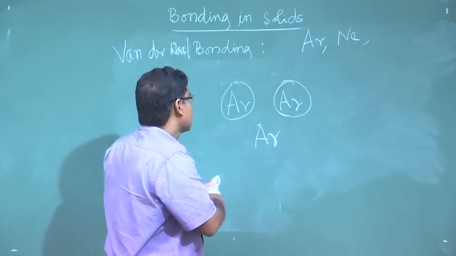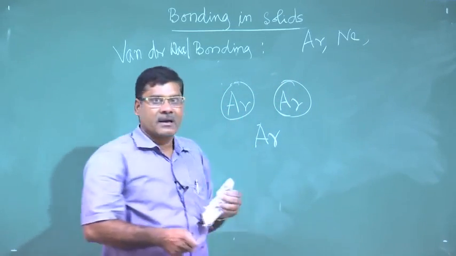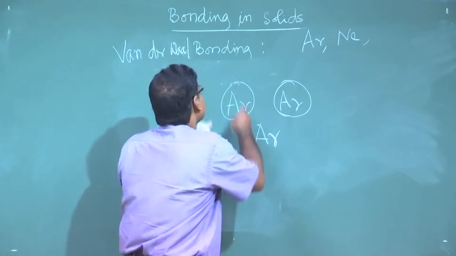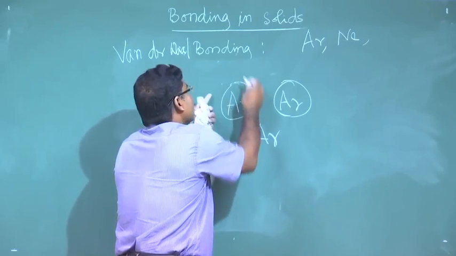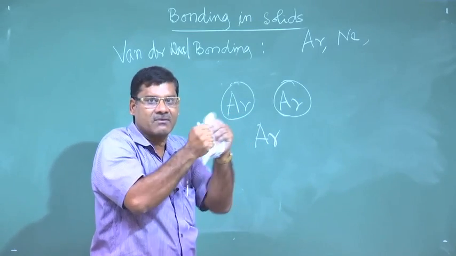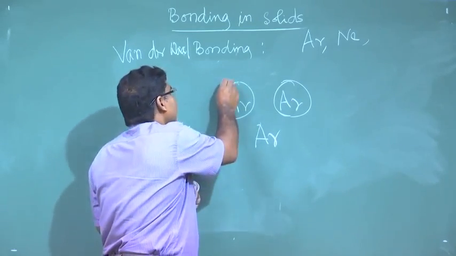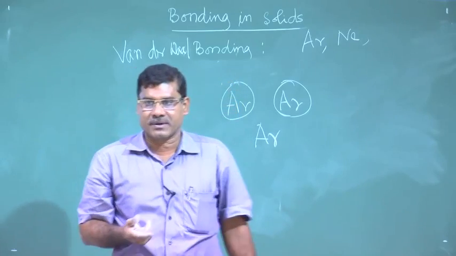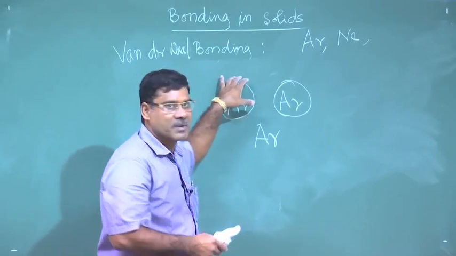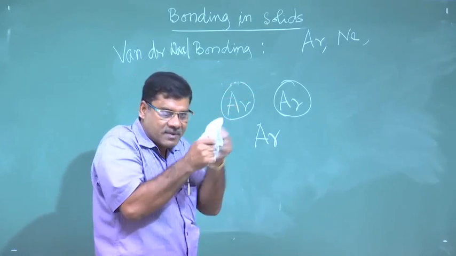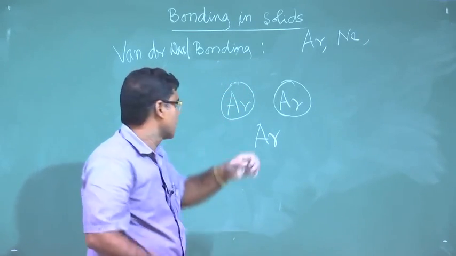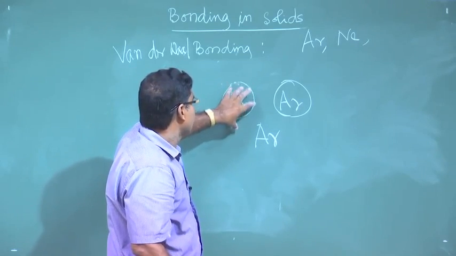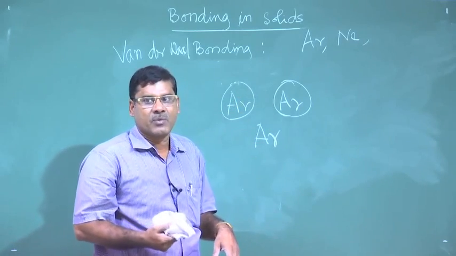Whatever positive charge it has and the surrounding electrons are now disturbed. So, it will form a temporary dipole moment, okay. Each one will form a temporary dipole moment because of the distortion of the ionic charge distribution. So, each will behave as a temporary dipole.